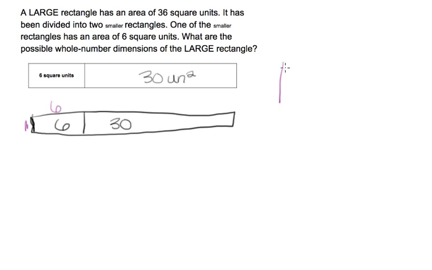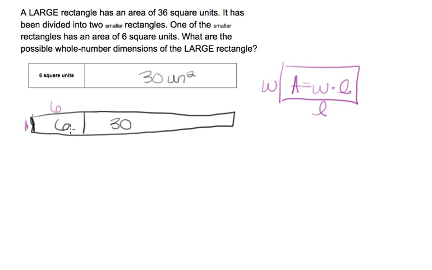Remember, area equals width times length. If this is length and this is width, you can interchange these. This could be length, this could be width because of our good friend, the commutative property, but I'll just name them width and length for now. So if this is 1 and this is 6, this definitely makes 6.